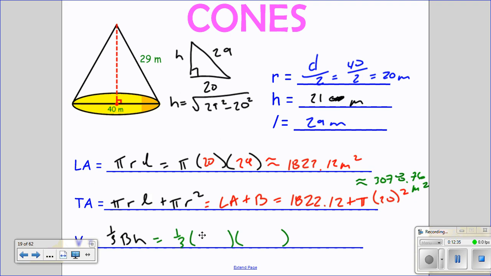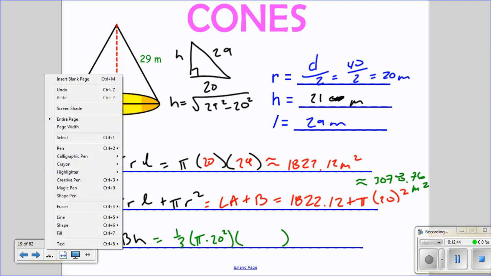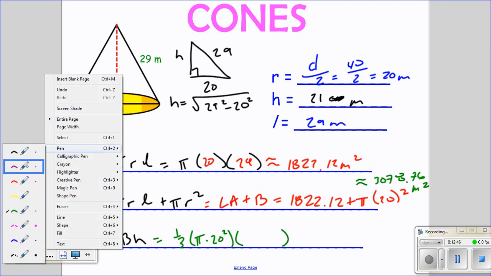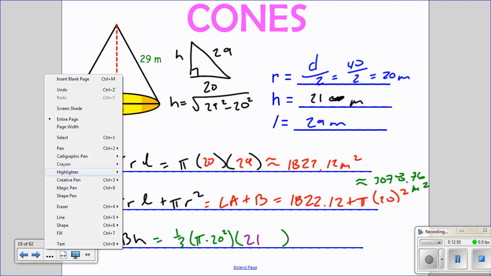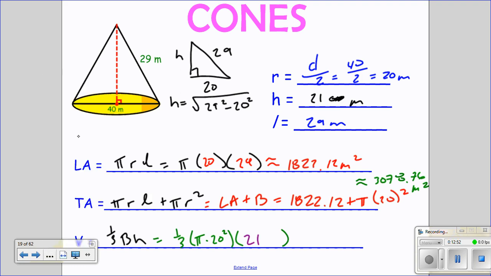Again, B is found by taking pi times 20 squared. And then our 3D height was 21. And now let's put it all in our calculator.